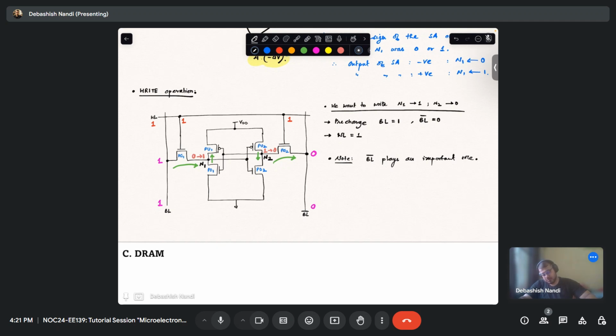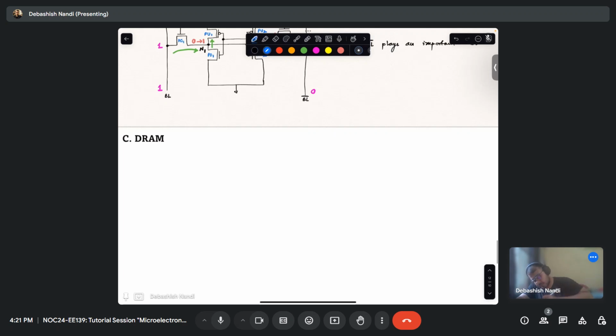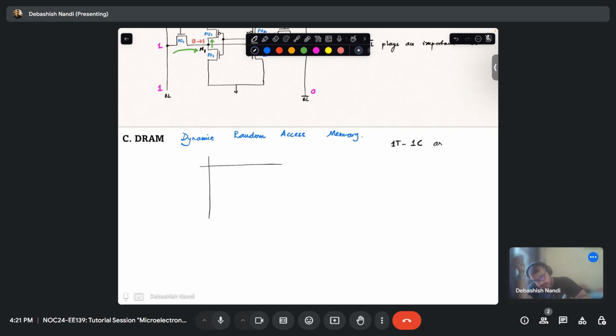So now coming back to dynamic random access memory. Okay, so 1T 1C architecture.